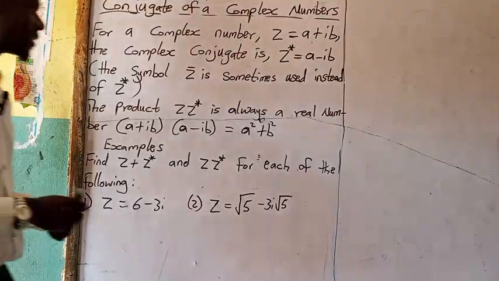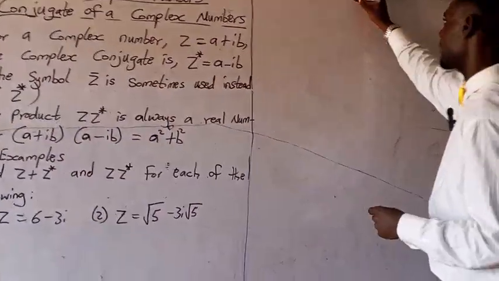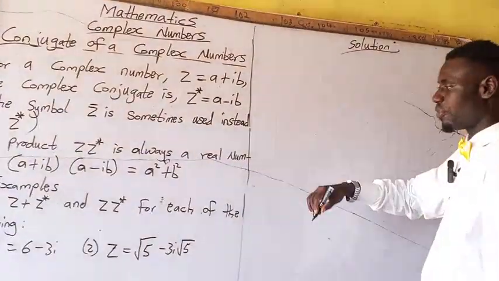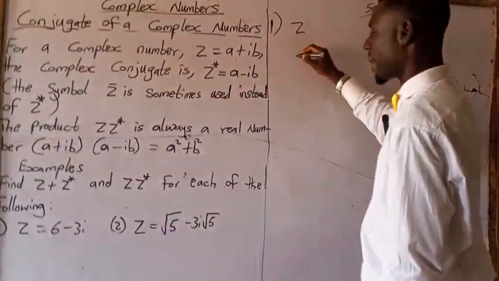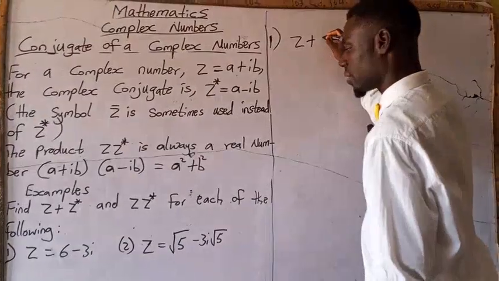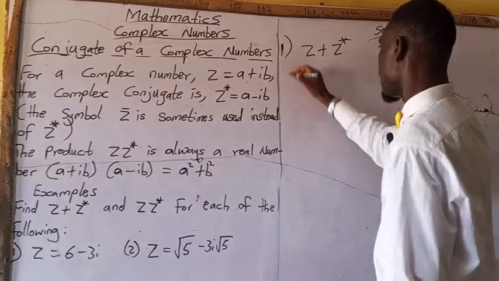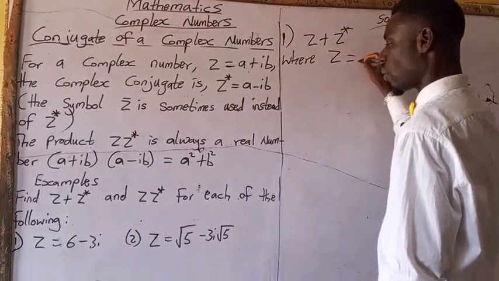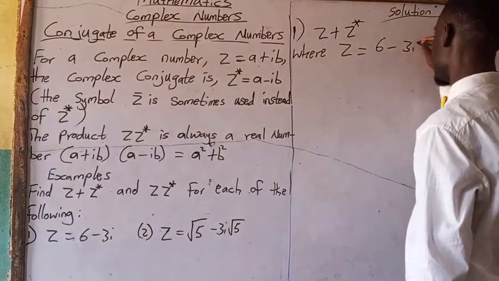So, let's get started. Now, the solution to this problem. The first one, which is number 1, we have Z plus Z star, where Z is equal to, from the question given to us, 6 minus 3i.